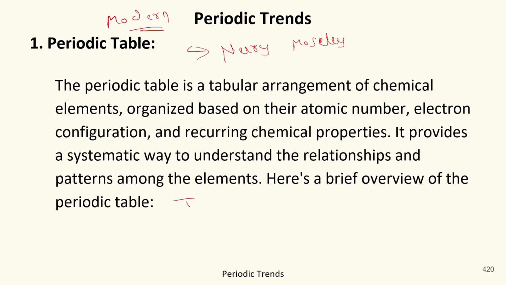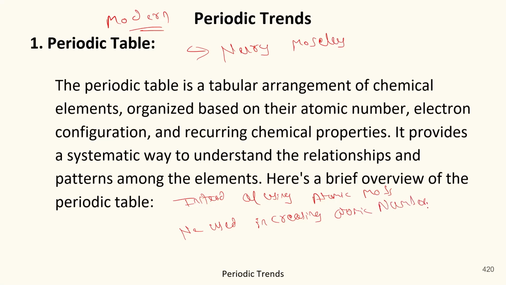Instead of using atomic mass, he used increasing atomic number. He said that if we use atomic number instead, we could organize the elements properly. And here are some periodic trends about the modern periodic table which we should study. So let's begin.